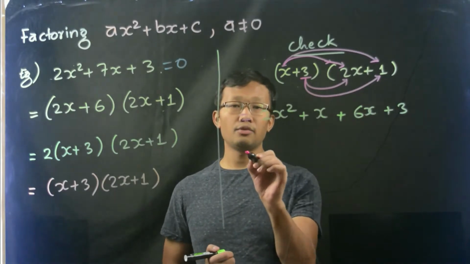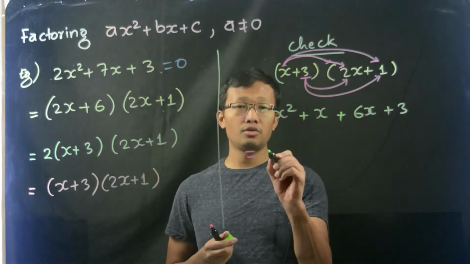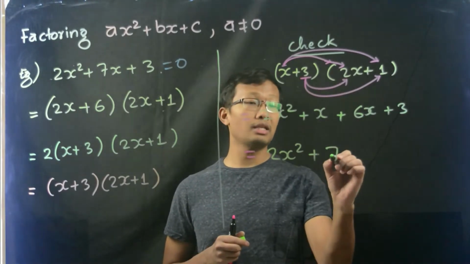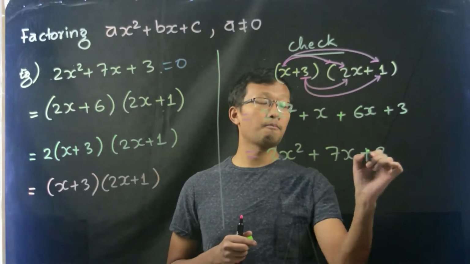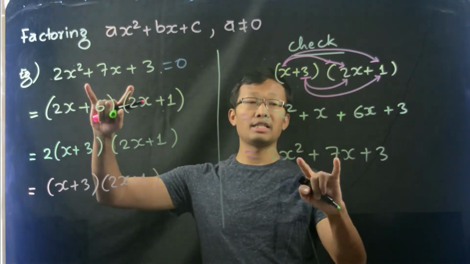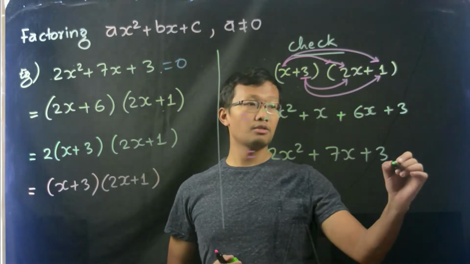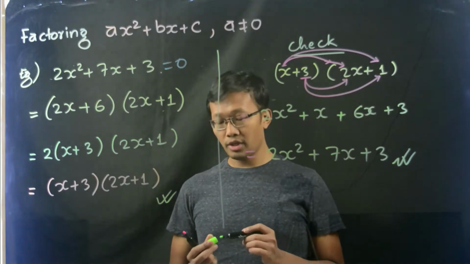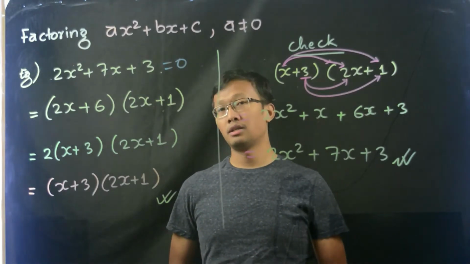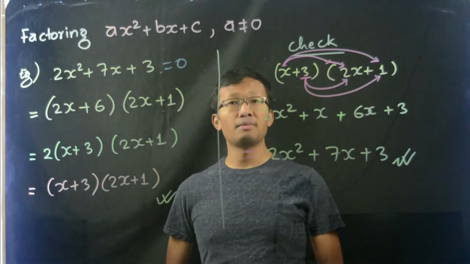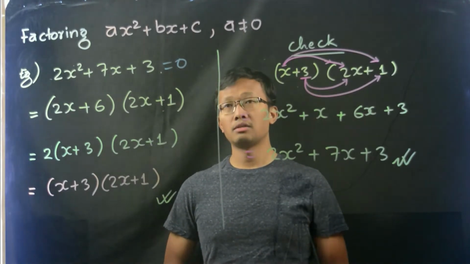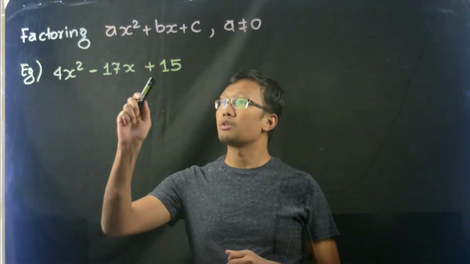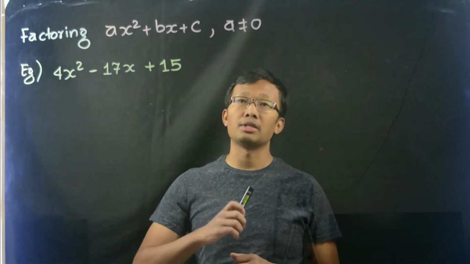So now finally we can write this as 2x squared plus x plus 6x, that's 7x, plus 3. It matches and it's exactly the same quadratic expression. So our factorization is correct. This is a very simple way to factorize a quadratic expression, and this method can be used to solve quadratic equations.